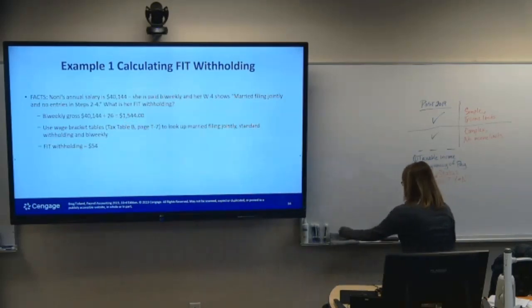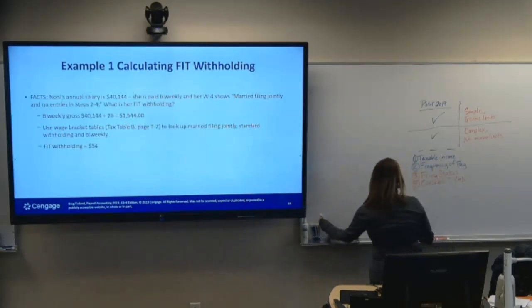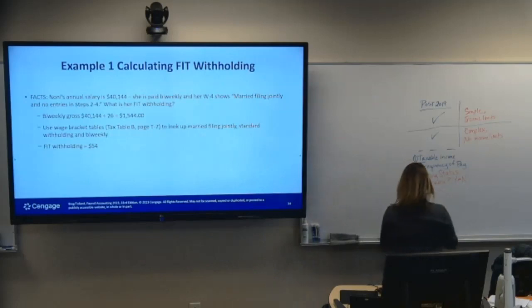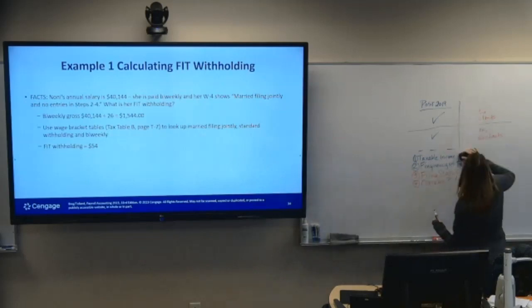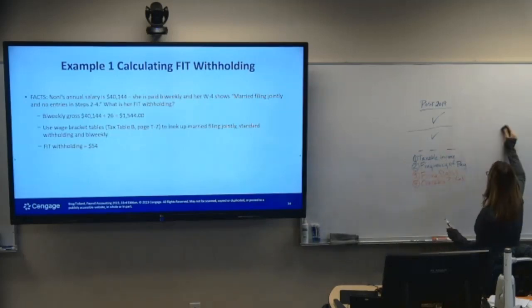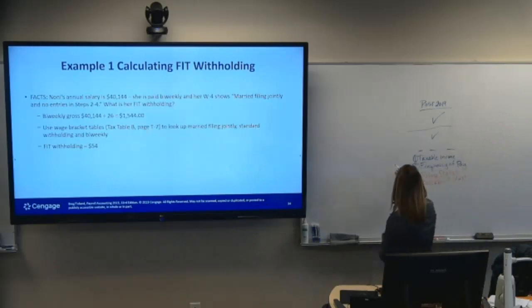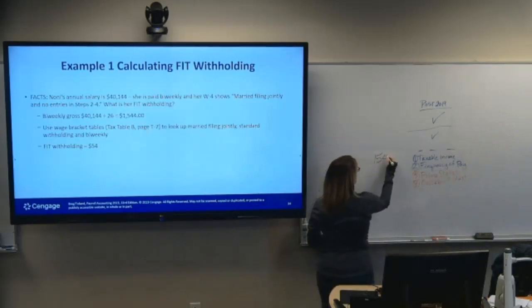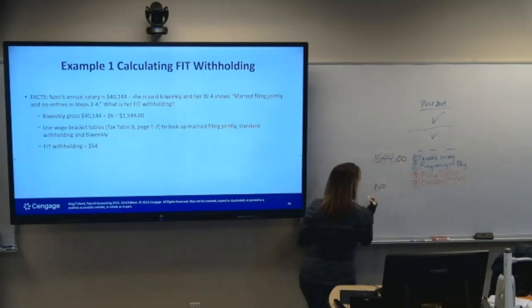So we've got that piece of information. We've got that taxable income is $1,544. The answer to number 4 would be no. So 1, 2, 3, 4. Frequency of pay is biweekly.